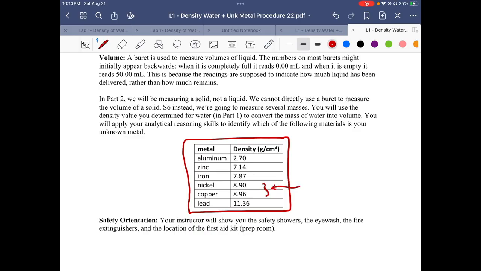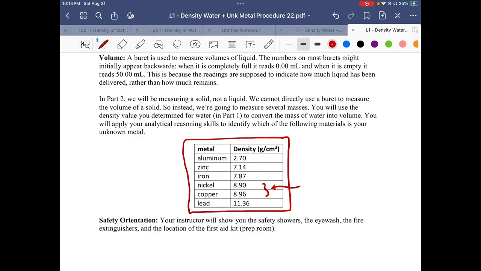For example, what did it look like? What color was it? Was it rosy colored in nature? Because if it was rosy colored versus a silver color, then that should tell you whether it was copper or nickel when those values are close, and it could be one of those two. Just use both the data from the calculations as well as your observations to make a choice based off of what your unknown should be.